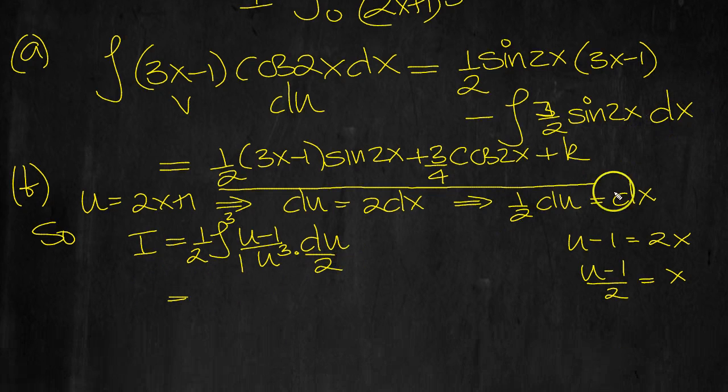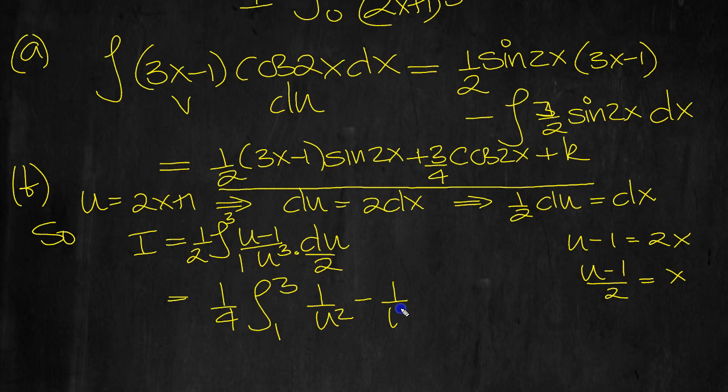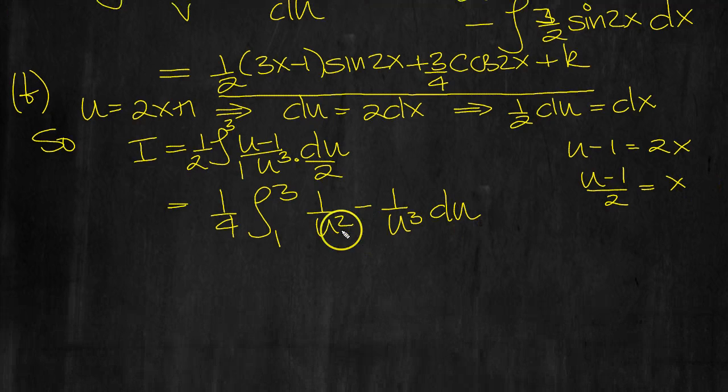let's take the 2 out as well. Again, we get a quarter. The integral between 1 and 3. And then we can split this fraction up. This first part of the fraction will be 1 over u squared minus 1 over u cubed, isn't it? du. So this is u to the minus 2.